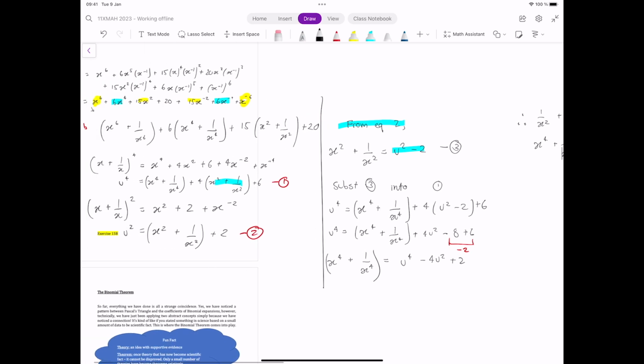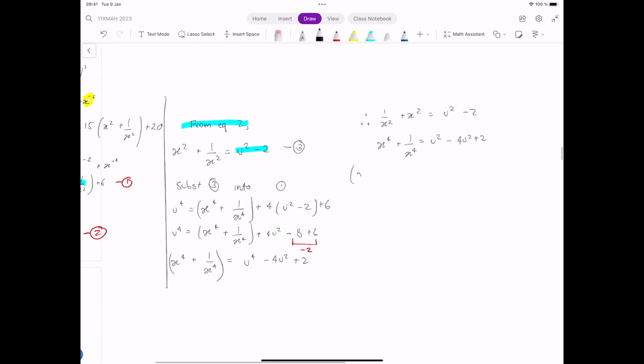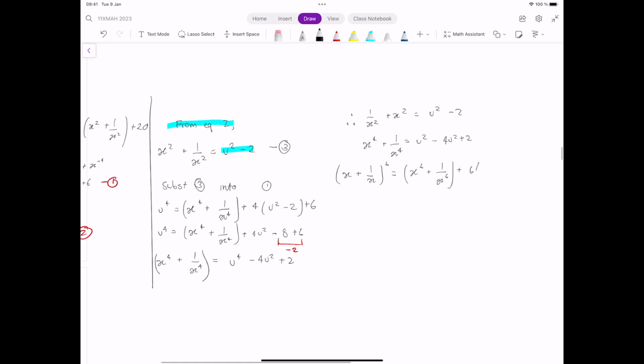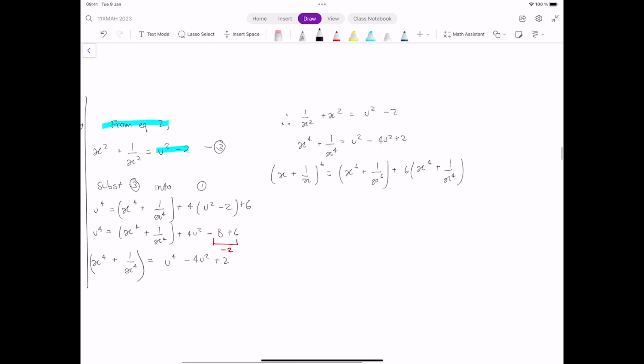Okay. Now, we have already stated before that (x plus 1 on x) to the power of 6 was equal to x to the power of 6 plus 1 on x to the power of 6 plus 6 times (x to the power of 4 plus 1 on x to the power of 4) plus 15 times (x squared plus 1 on x squared) plus 20. Now this is equal to u to the power of 6.